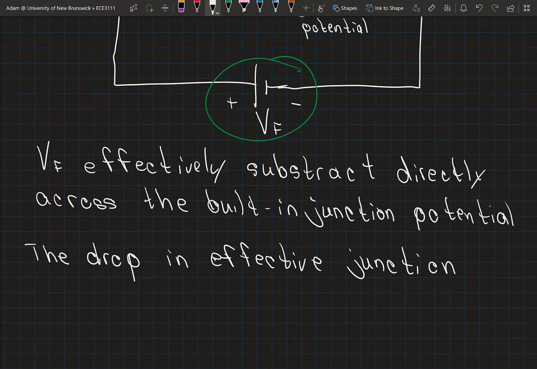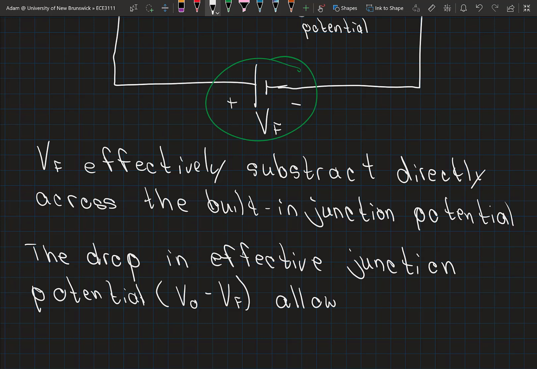So we're calling this the effective junction potential, the drop in effective junction potential, and the effective junction potential is that difference between our built-in junction potential and our forward bias that's being applied, and this is going to allow additional minority carrier injection.